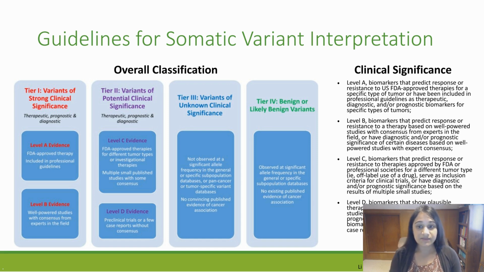In 2017, AMP, the American Society of Clinical Oncology, and the College of American Pathologists developed a method of tiering variants, primarily based on the availability of therapeutic, prognostic, and/or diagnostic implications for the variant.